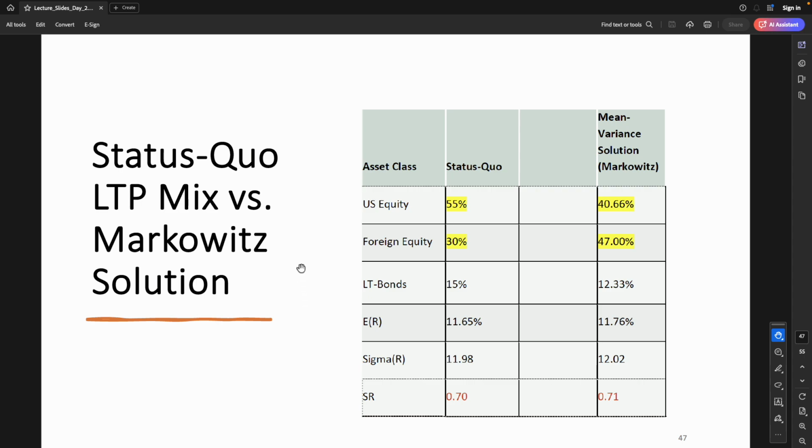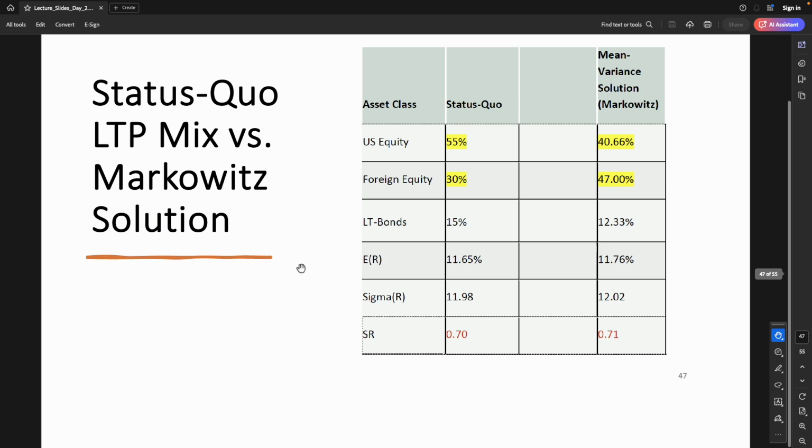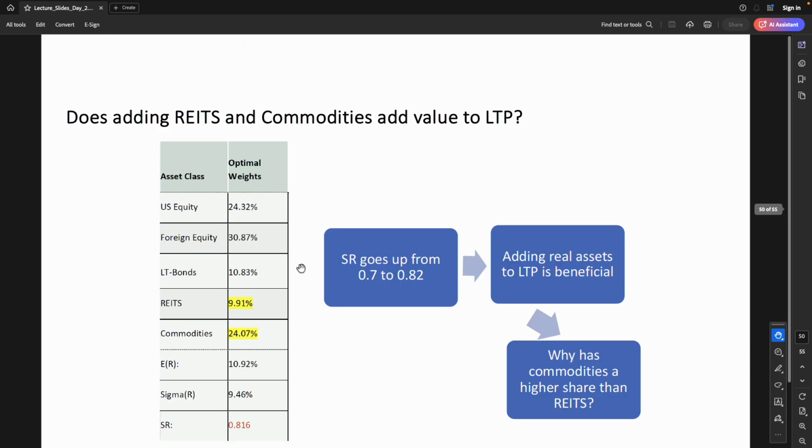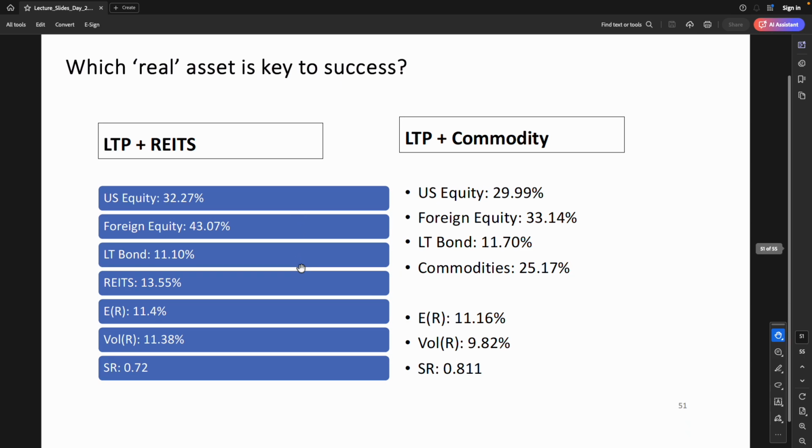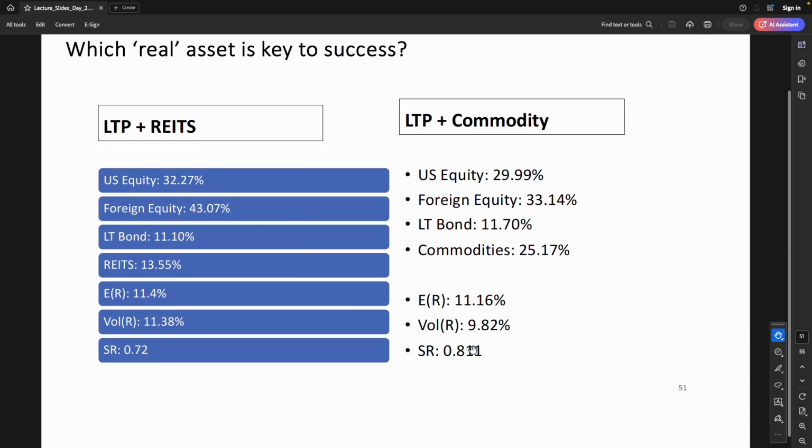Considering all the risks in the market, that the input numbers are wrong most likely, and transaction costs, and you need to find managers who do that, which is costly and the like. REITs don't do it basically here, yeah? Although strictly speaking they do. So that's kind of interesting, I hope also for you, to really see that the improvement in the Sharpe ratio is really coming here from the diversifying asset, the commodity.